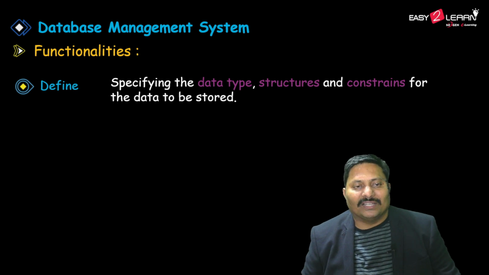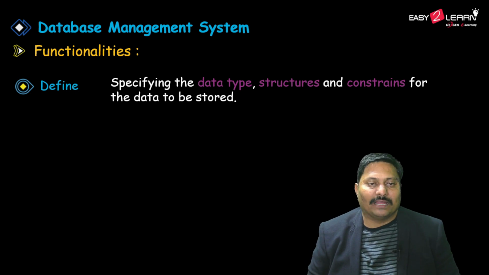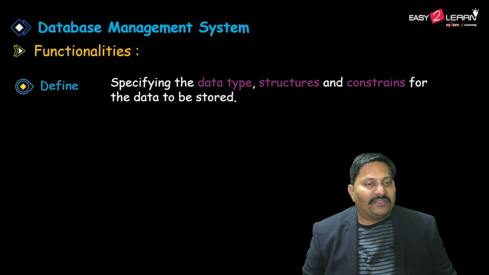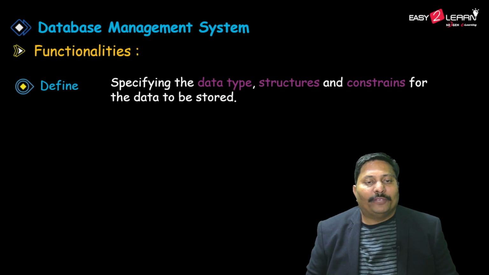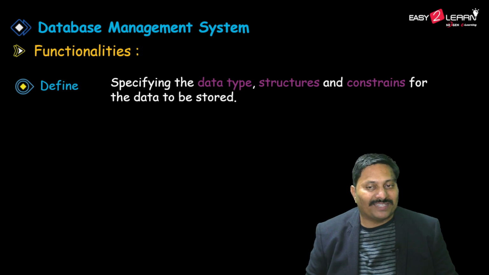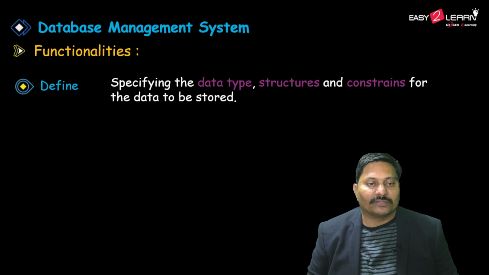Constraint is nothing but the limits on the data. For example, if I have age as the data to be stored, then I can have a constraint, say age greater than 18. So, only if age is greater than 18, then the data can be stored in the database. That is what we call a constraint.